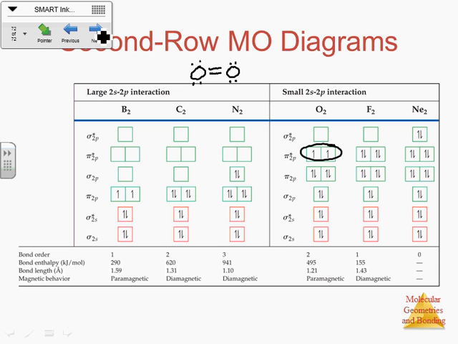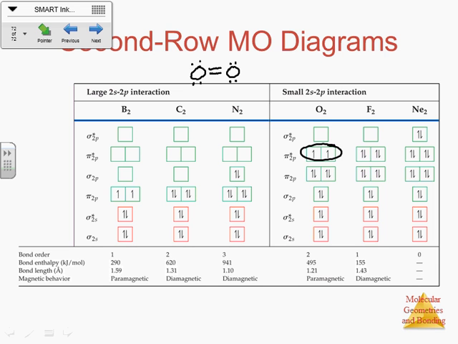And that's where the Lewis model kind of fails us, because if I was going to predict, just looking at the Lewis model, whether this thing was attracted to a magnetic field or not, I would probably say, no, it's not. It's probably diamagnetic. But if you look at the molecular orbital diagram, there's 2 unpaired electrons there, so actually it probably is attracted to a magnetic field. Turns out oxygen O2 is paramagnetic, okay?